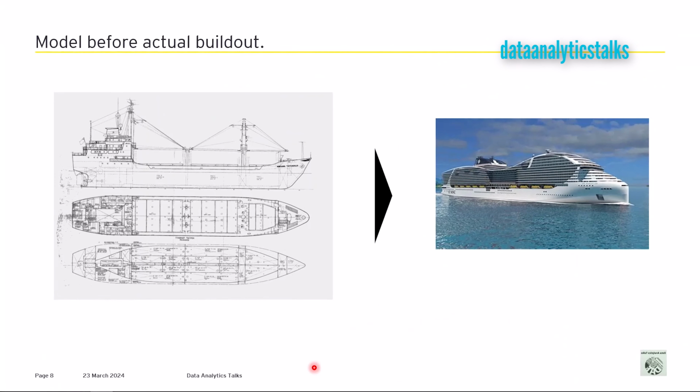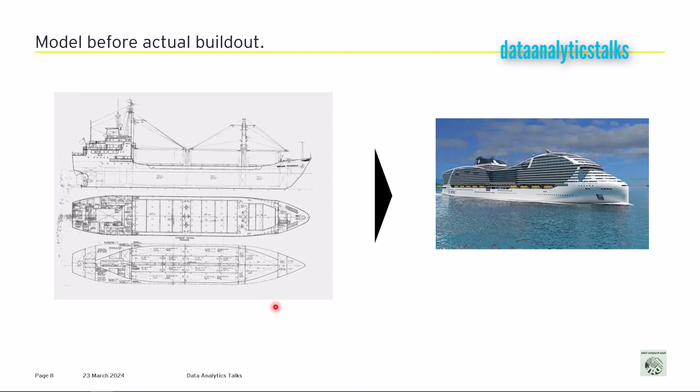So moving on, before you build a ship, if you have visited any shipyards, you can see that they do not straight away start building as soon as they get a contract. Instead, they make a blueprint. They make a lot of diagrams, and at some point, once they are satisfied, they will start building it.